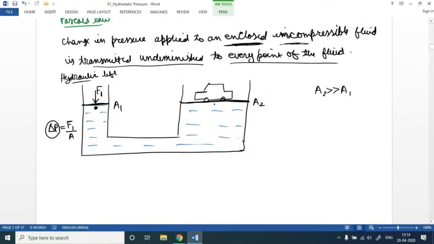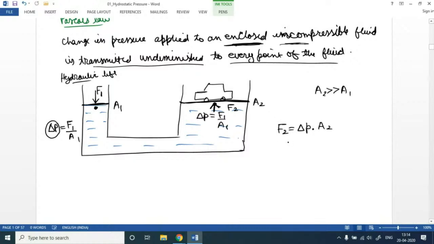So the change in pressure at this point here as well will be delta P, equal to F1 by A1. Due to this delta P, this liquid will be pushing it over here by force F2. And F2 we can simply calculate as the extra pressure delta P into A2.